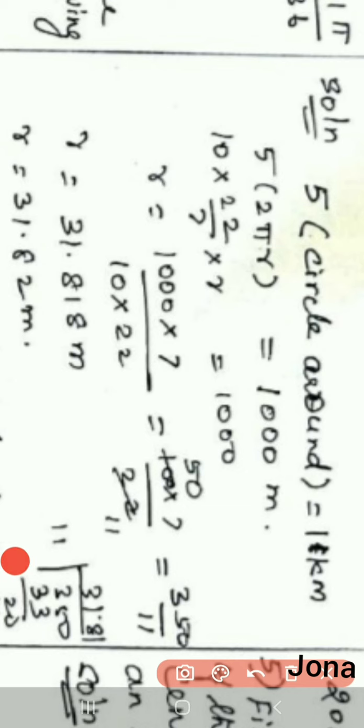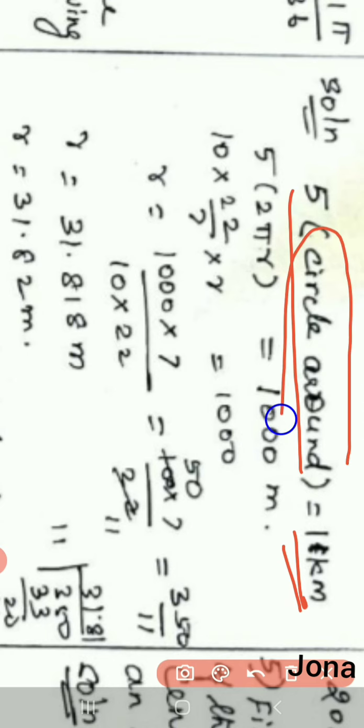So 5 into the circular path equals 1 kilometer. That is clearly given in the problem, that the athlete runs the path 5 times. The distance is 1 kilometer. The circular path around is nothing but the circumference of the circle. We know the formula for the circumference of a circle is 2 pi r.